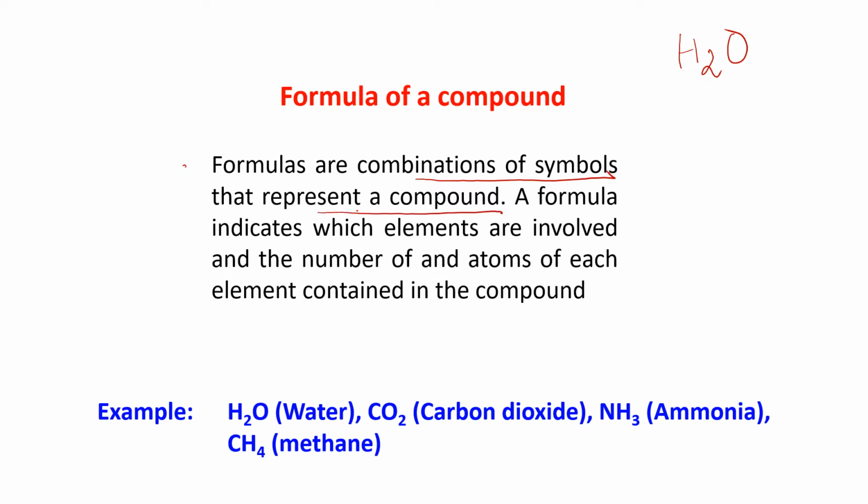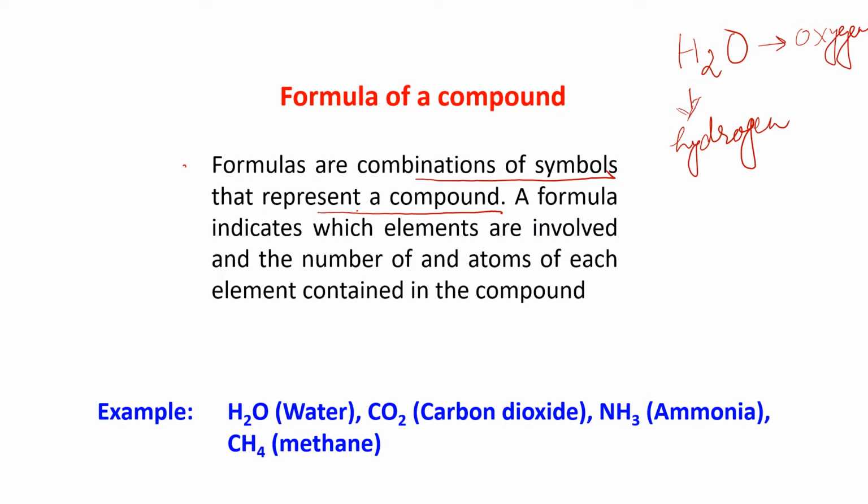What does a combination of symbols mean? You know that water is made up of hydrogen and oxygen. The symbol of hydrogen is H, and the symbol of oxygen is O. So it is giving you the symbols of the elements hydrogen and oxygen.